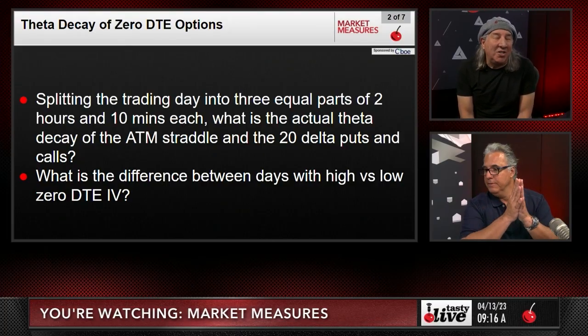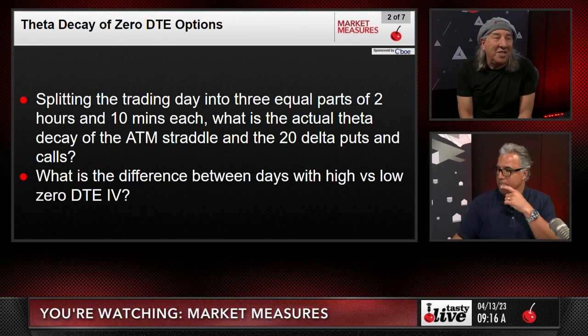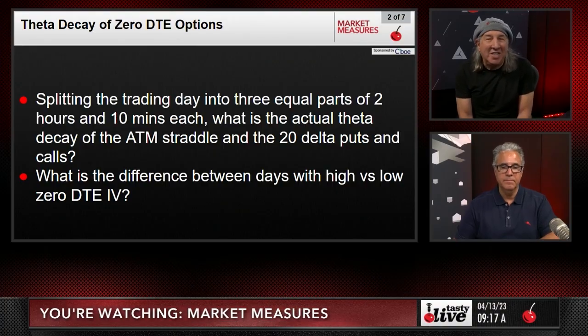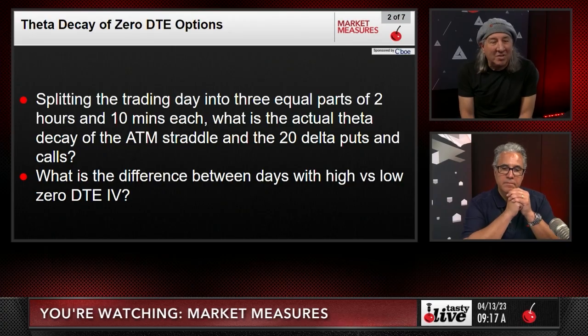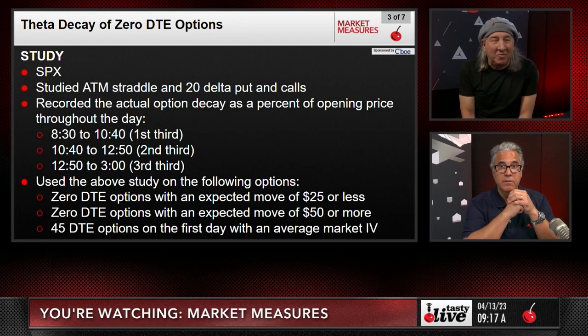What we're checking here is when volatility is high, are you better off putting a position on or taking a position off in the first part of the day, in the middle of the day, or late in the day? And does that change depending on if volatility is high or low? Okay. Then, I don't know the answer, but go ahead. Of course you don't know the answer because we haven't done the study yet.